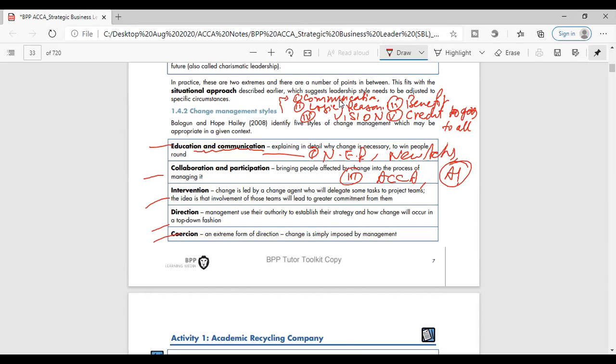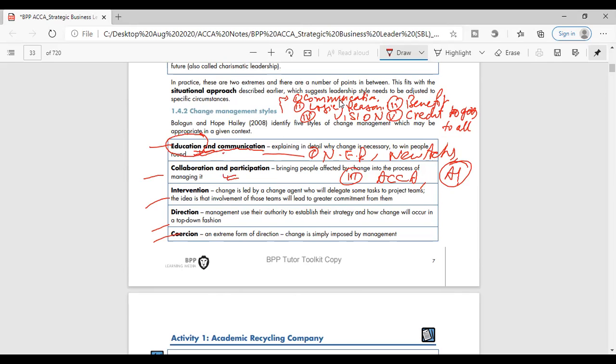All these kinds of changes start with education and communication. If people don't understand, they are not educated, they will not accept it. Maybe when we see loads of new acts and rules coming and some people start protesting, deep down, somewhere in the psychology, you'll know that it is a lack of education about the new act or the change, because of which people are protesting and not accepting it. So education and communication is important.